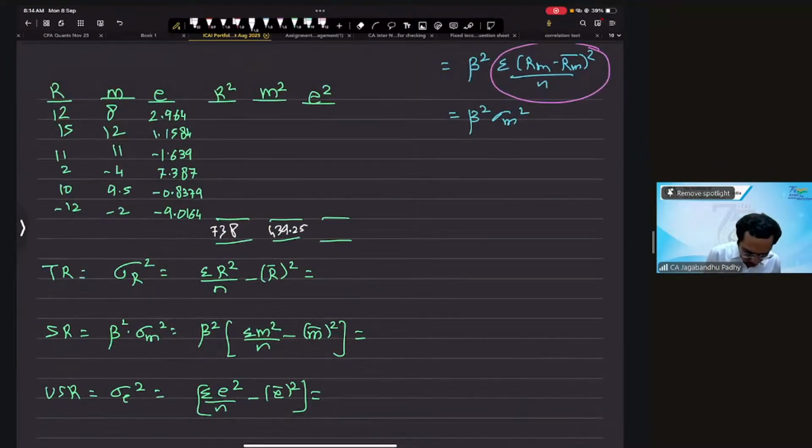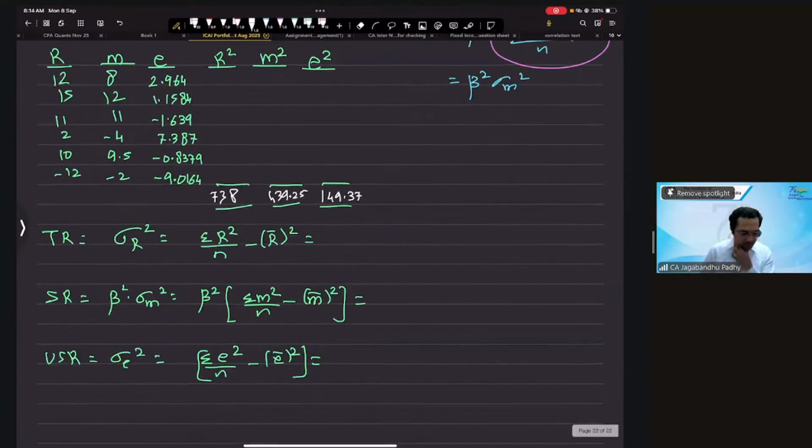And total of error square is 149.3716. Okay. So total risk is how much?